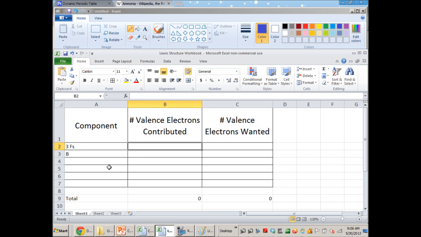So that means that there's 21 from each of these 3 fluorines. Each boron, there's only one of them, has 3 valence electrons. I'm not talking about the 5 total electrons, I'm talking about just the outer shell, the valence electrons that are available for bonding. So I can add up those 2 counts of valence electrons and see how many valence electrons total in the molecule are available for bonding. And the answer is 24.